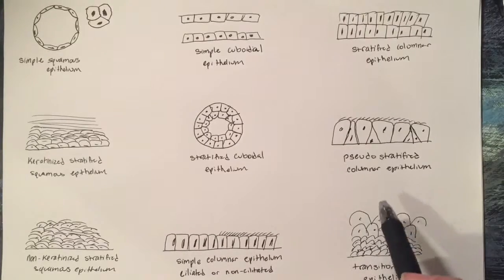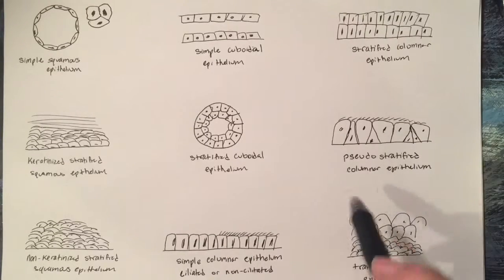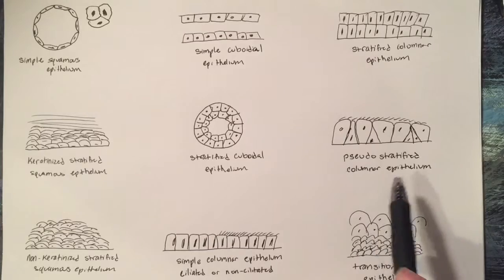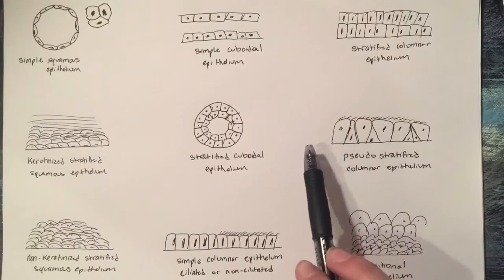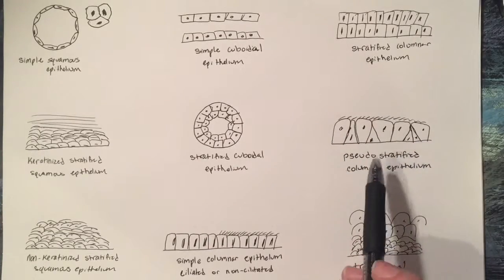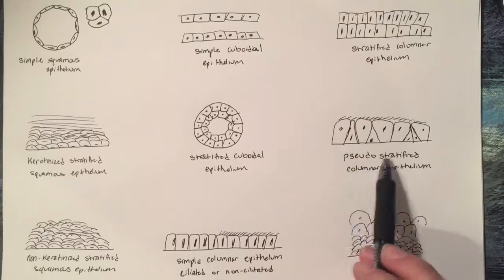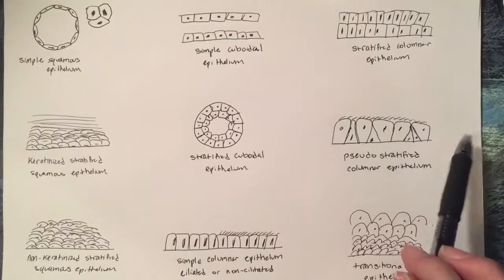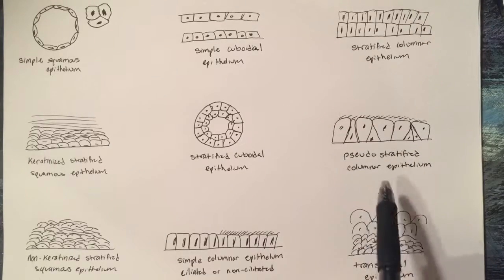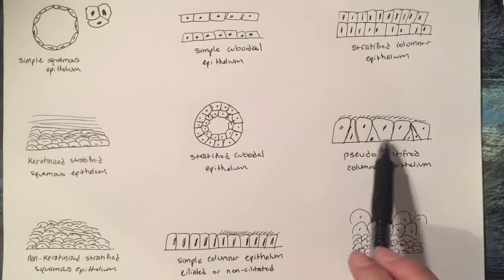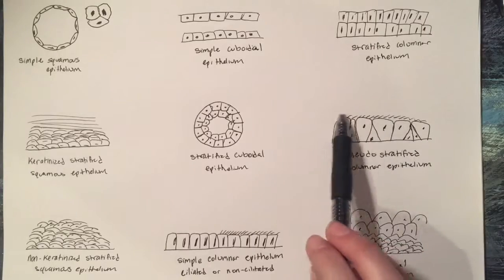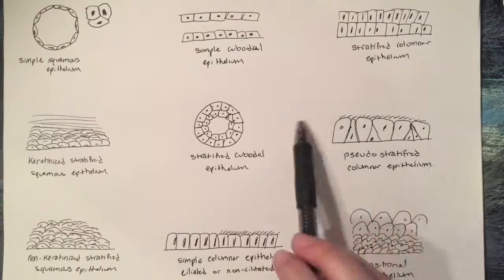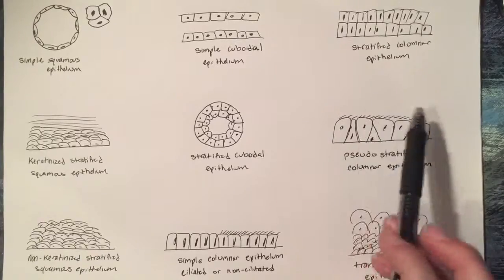The next one is pseudostratified columnar epithelium. So pseudostratified always is ciliated. And the reason why is pseudo means fake. So it looks stratified because it looks like there's a bunch of layers, but it's actually not. Because every cell touches the basal layer, but not all of them reach the apical or top surface.